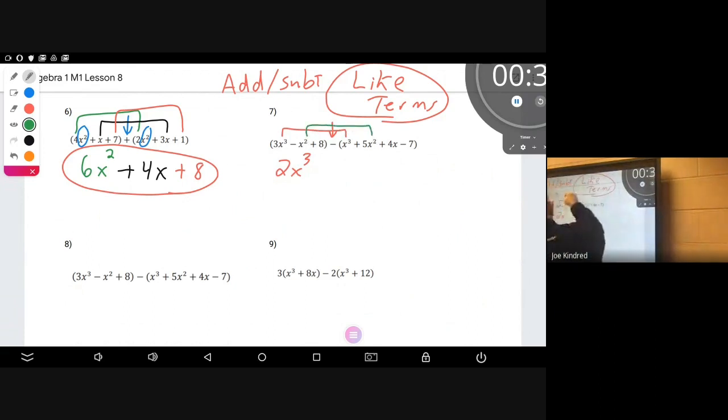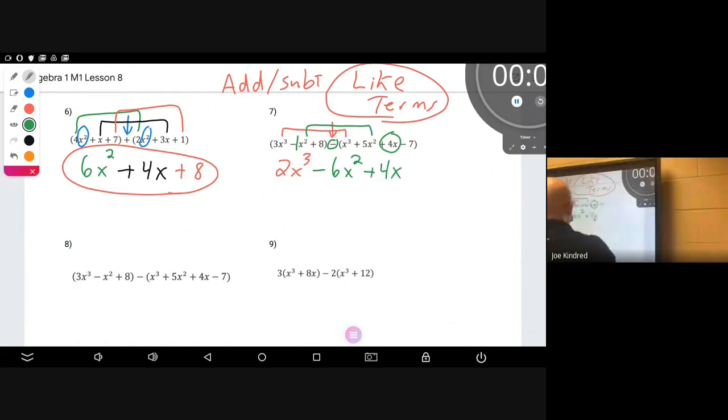There it is. -1, positive 5. Negative minus, negative minus, so you have to be careful. -1 minus 5 turns into a negative 6x squared. There is no x term in the first expression, so we just rewrite it like that.